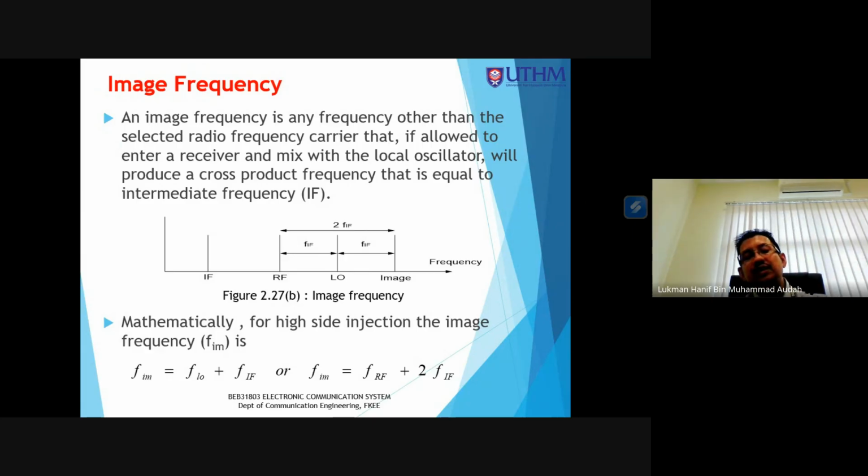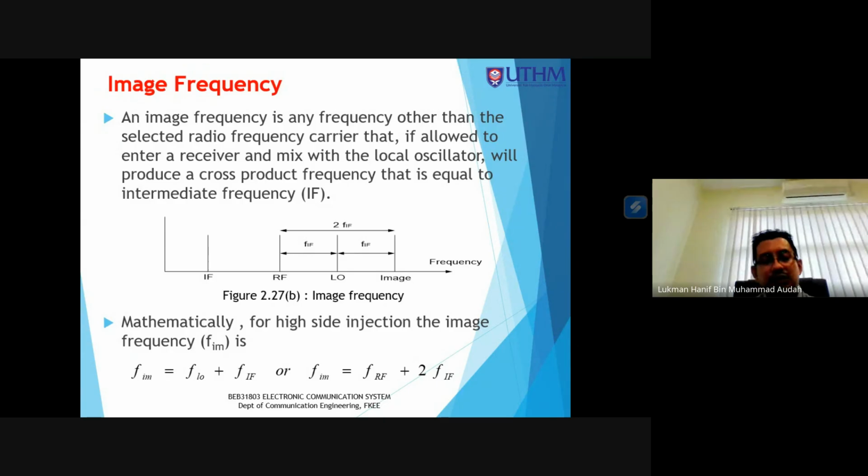If you see from here, the FRF is the input frequency. And if we use a high side injection, the FLO is larger than the FRF. So the image is located here.